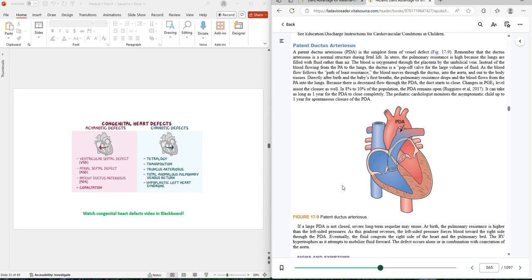So this PDA is open. But at birth and within a few hours after birth, the ductus arteriosus should close. This is when you may hear a murmur, and then you call the doctor. Yes, I heard a murmur. Can you come in and see if you hear the murmur?